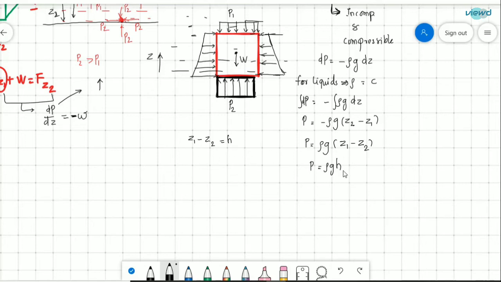So what is the h? This h is the height from the free surface.